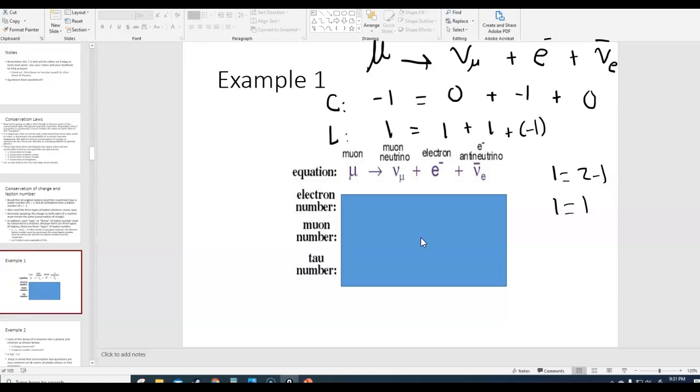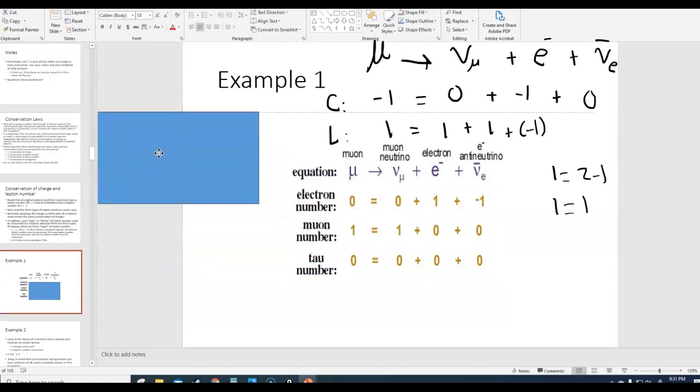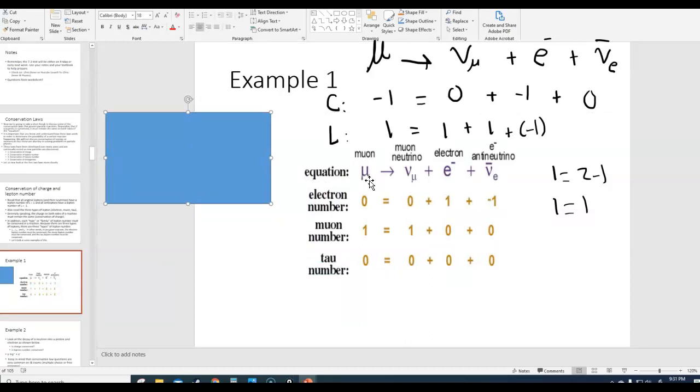Okay, and what I mean by that is this. I'm going to move this box so you can see the breakdown of this reaction. You can think of it like this. The muon has an electron lepton number of 0. The muon has a muon lepton number of 1, and the muon has a tau lepton number of 0. Why does it have a muon lepton number of 1?